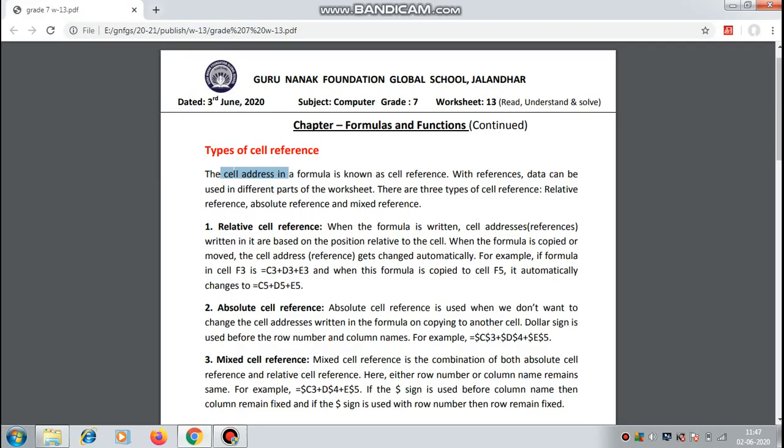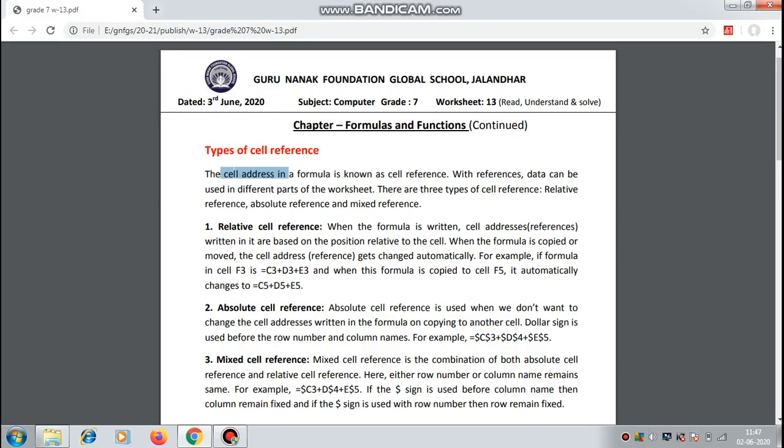You must have observed that whenever we write the formula, we write it like this: is equal to C5 plus D5 plus E5. Here C5, D5 and E5 are cell references. And whenever we are writing any formula in this way, it is called relative cell reference.